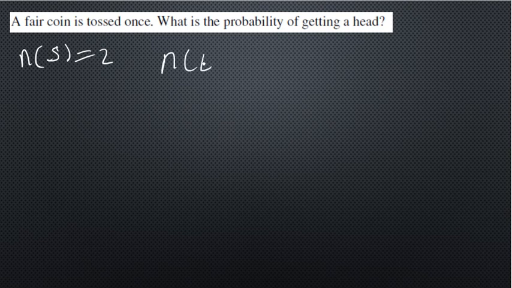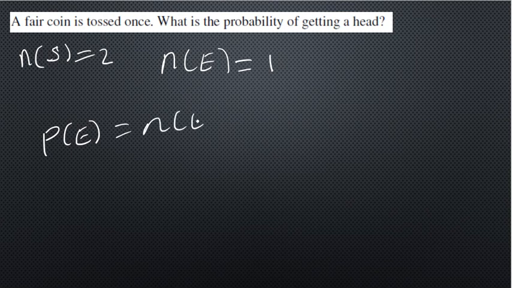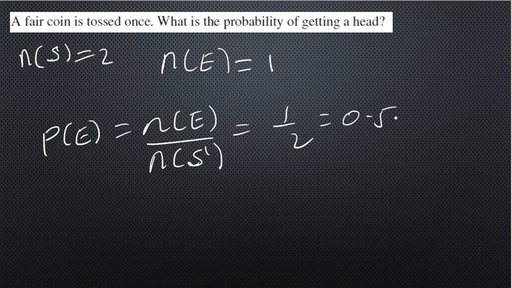That means the number of the event. After tossing a coin, we can observe only 1 head and 1 tail. So the number of the event is 1. So the probability of the event will be, as we said already, the number of the event divided by the number of the sample space, which is 1 over 2, or 0.5, or 50%. That's it. First example. Second example, let's see.